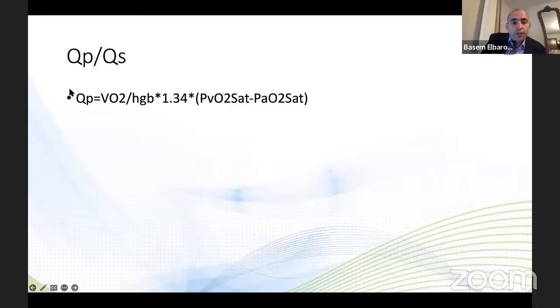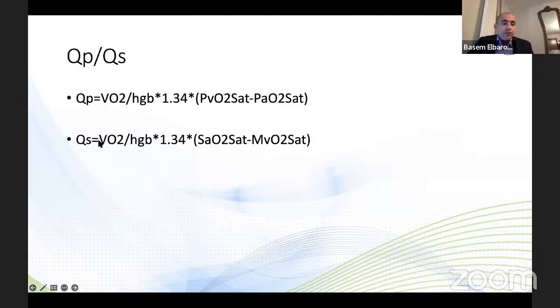So for the lung circulation, the pulmonary venous O2 sat is where the high oxygen content is, because that's what drains the blood through the lungs. So pulmonary venous O2 sat will have high oxygen saturation minus the PA O2 sat, the blood going into the lungs, which has the lower oxygen saturation. So this would help us calculate pulmonary blood flow. Okay.